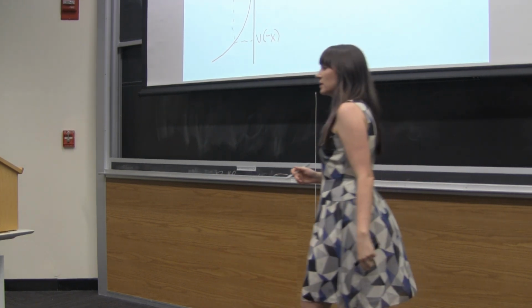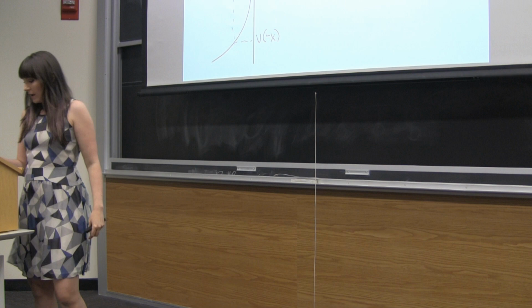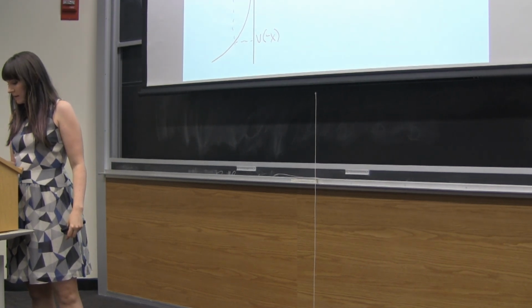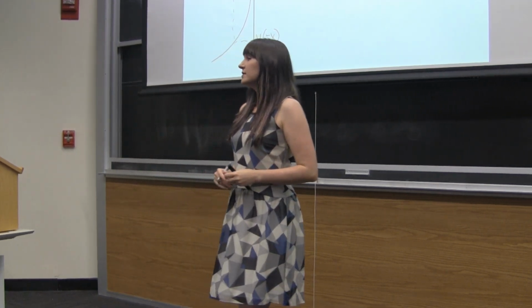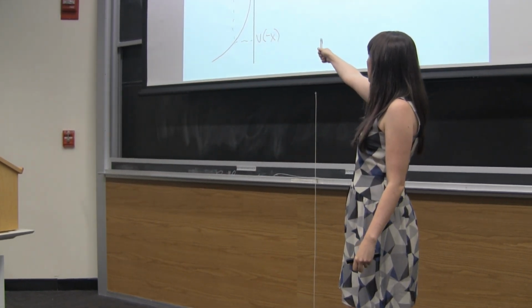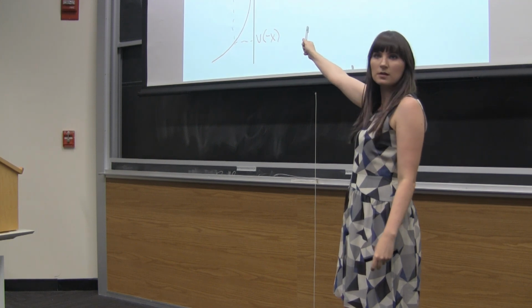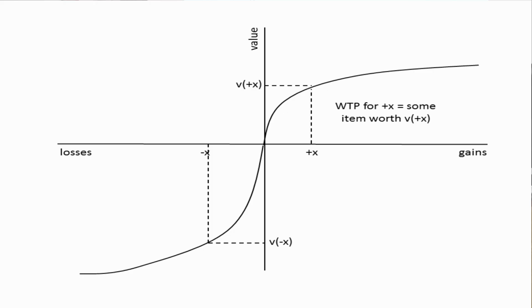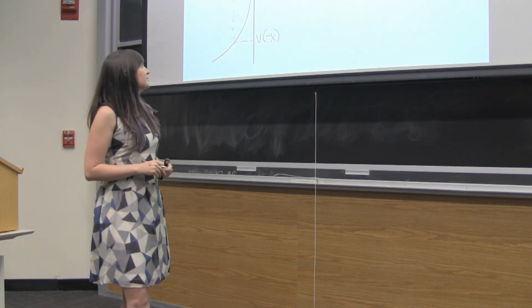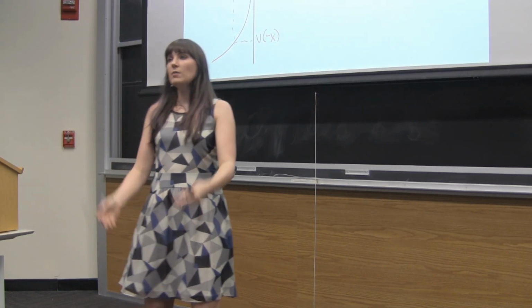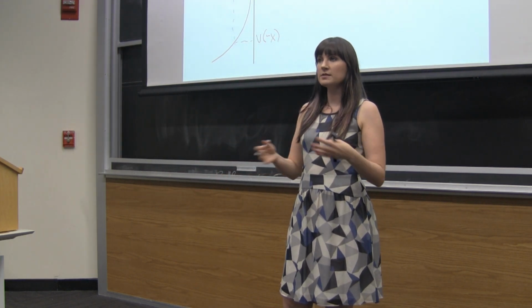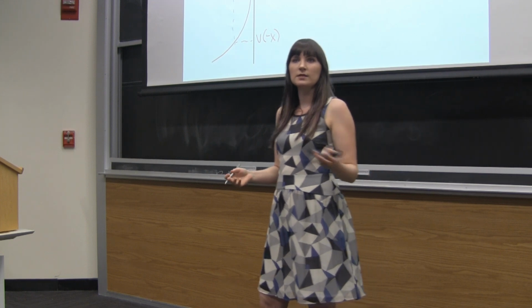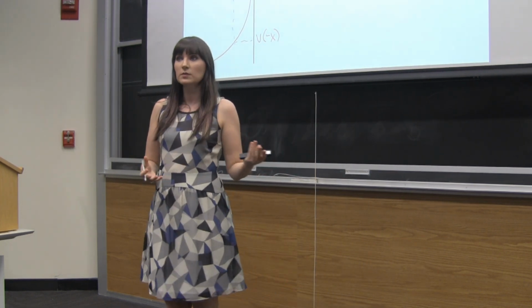But now let's do this the other way around. If we need to be paid in order to accept losses, then by this same logic, how much would we have to be compensated in order to accept a loss of x? Think of an example: how much would I have to pay you for the right to punch you in the face? Because if being punched in the face is a loss to you, how much would you have to be compensated in order to be willing to undertake that transaction?